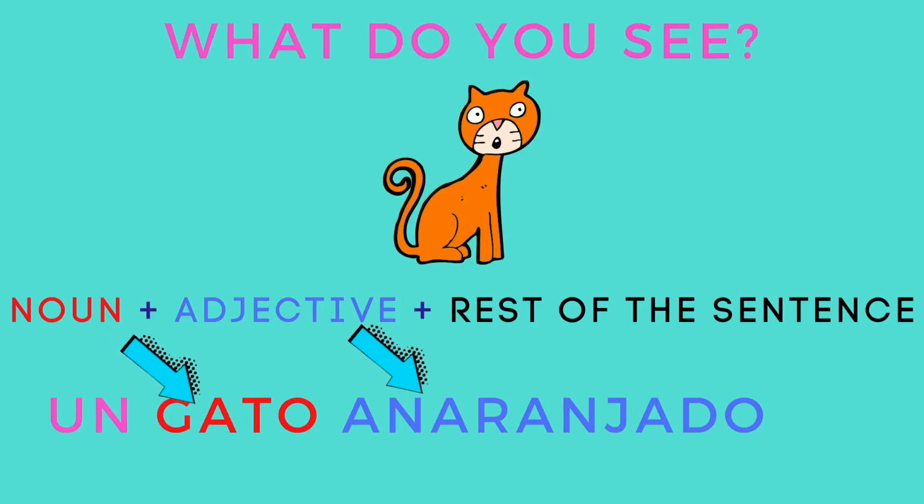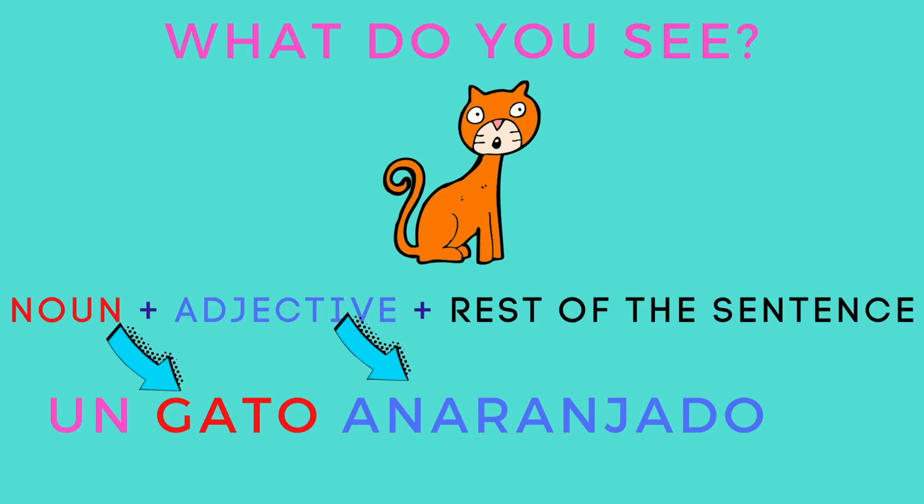First, muy bien, noun, then adjective, and then rest of the sentence. In this sentence, we have only one adjective. Un gato anaranjado. Remember, first the noun, and then the adjective.